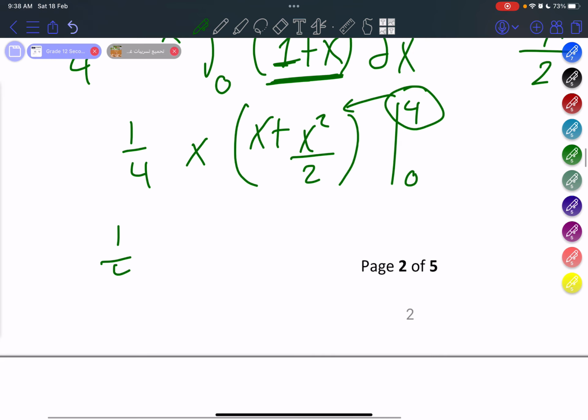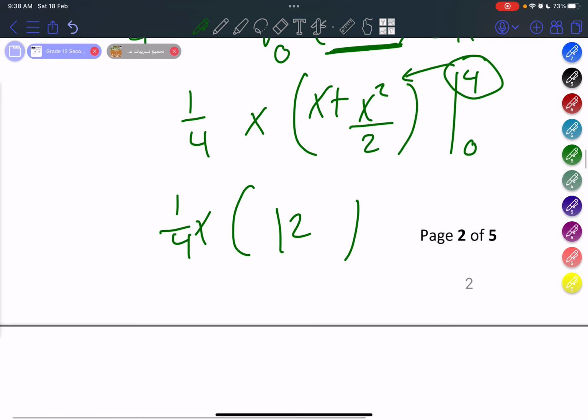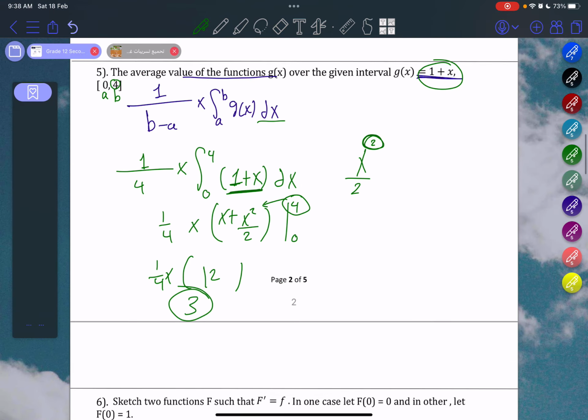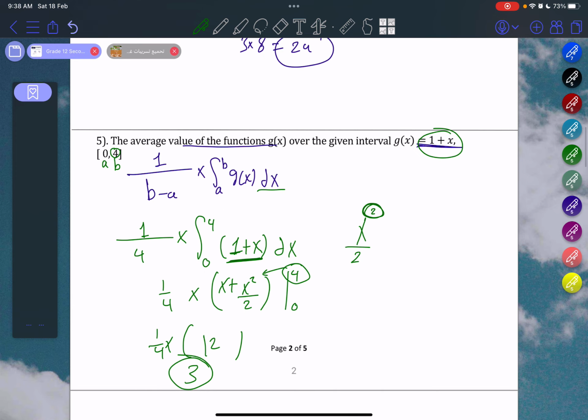It becomes 1 over 4, same thing, times x, we'll put 4, plus x squared, it becomes 4 squared divided by 2. 4 squared is 16, and 16 over 2 will be 8, and 4 plus 8 will be 12, and 12 times a quarter is equal to 3. Okay, so this is our final answer. The average value of the function g of x over the given interval is 3.